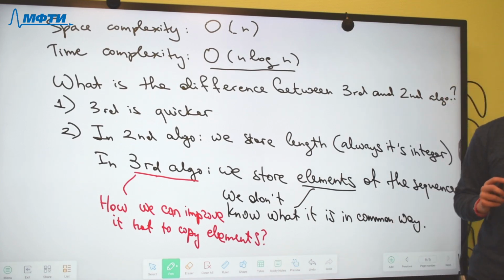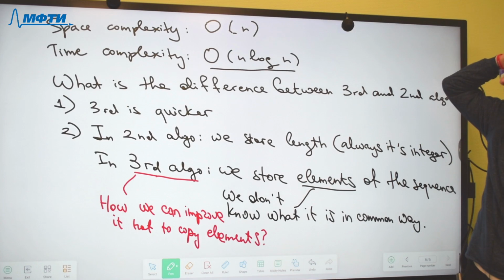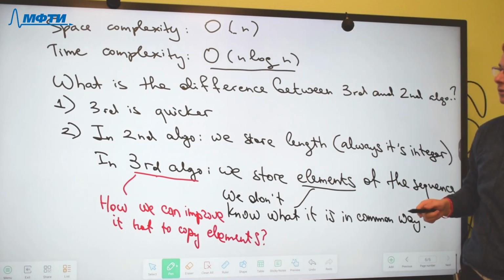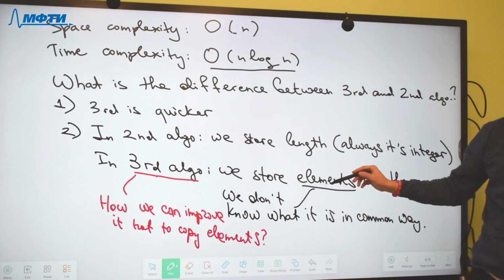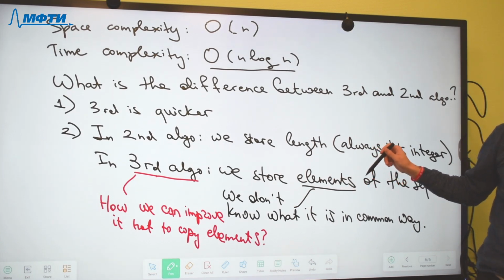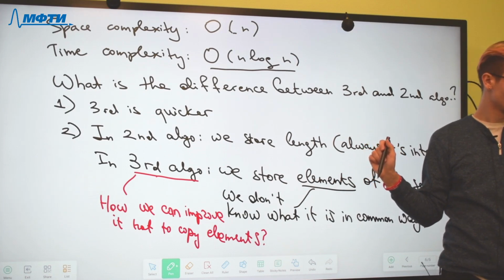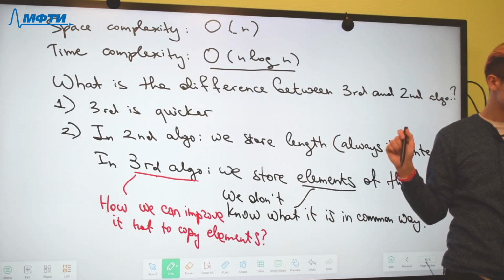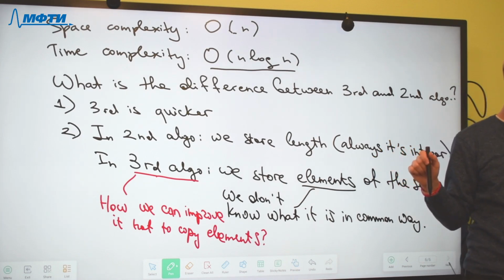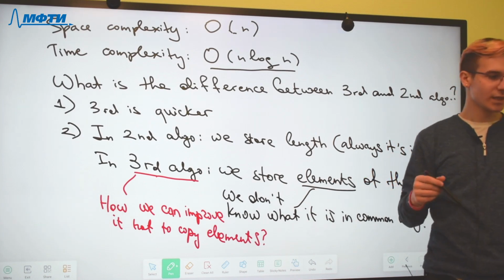Yeah, because if you use the definition as on the board, you copy elements and you can spend a lot of time on it. Sorry, are we talking about space complexity or time complexity? Time complexity. Ah, because when you copy elements, you spend time on it.